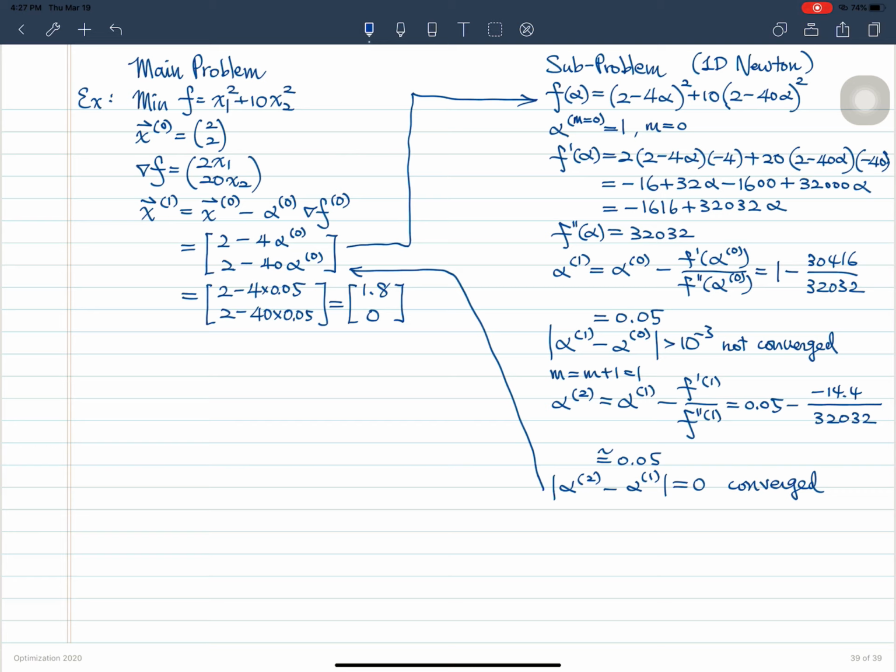Let me use a different number. Because if we move on to 1.8 and 0, the next step you can already converge using steepest descent. So let me use a different number.